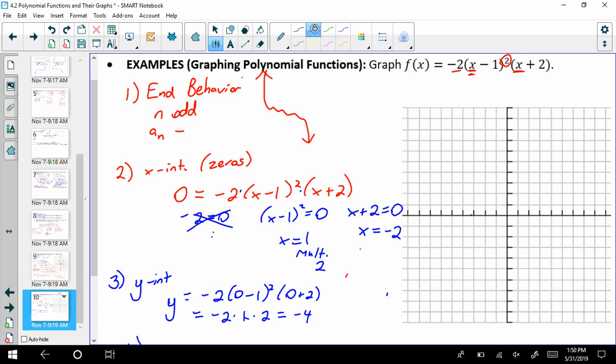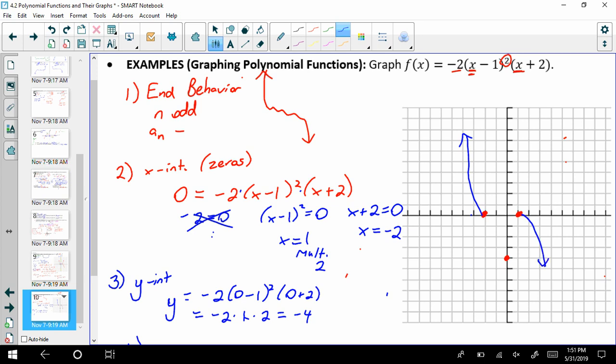So let's plot our zeros. So I had an x-intercept or a 0 at -2, and I also had it at 1. Let's also plot our y-intercept. Okay. Let's do the end behavior. So we said the ends were going opposite ways, so I know the left side is doing this, and the right side is going to do this.